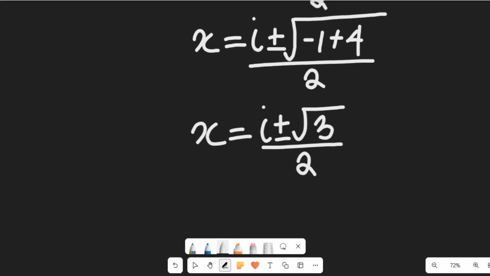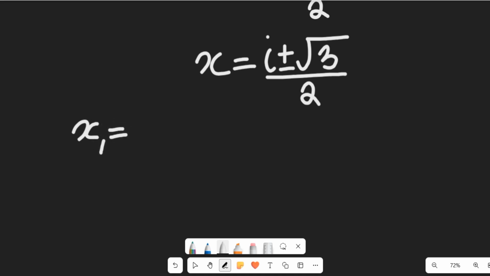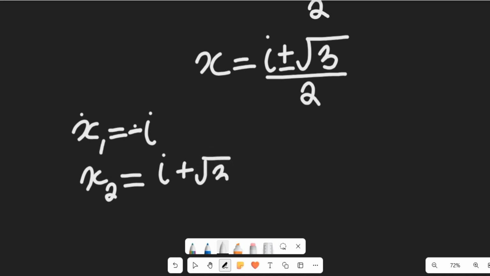So if I check this expression very well, you will see that all the answers that I will get, my first answer will be x1. Remember that x1 is equal to minus i. So here we now have x2, which is still a complex solution. If we equate it, we will see that x2 will give us i plus the square root of 3, and all of this will be divided by 2.